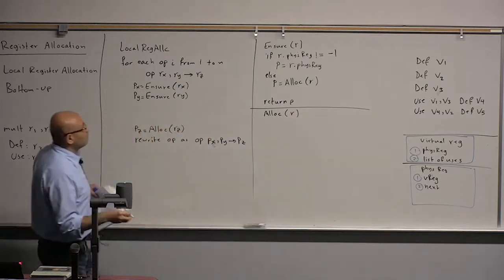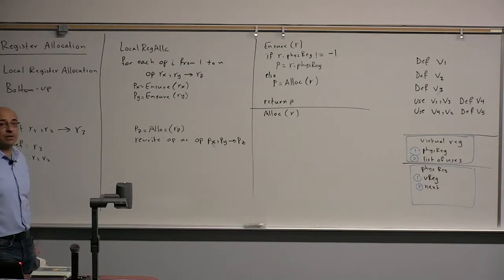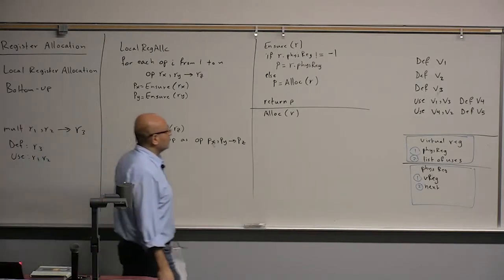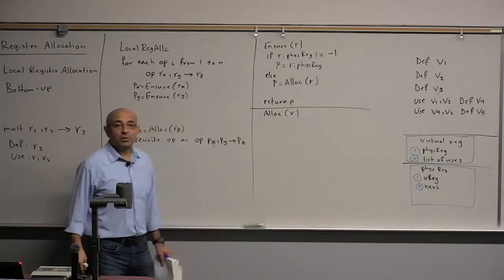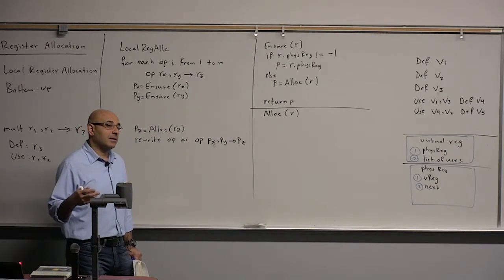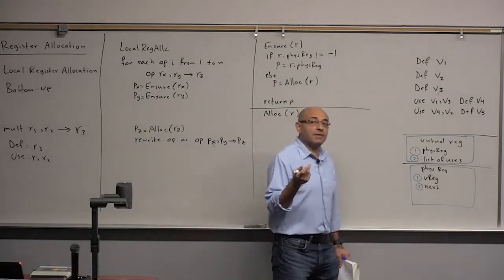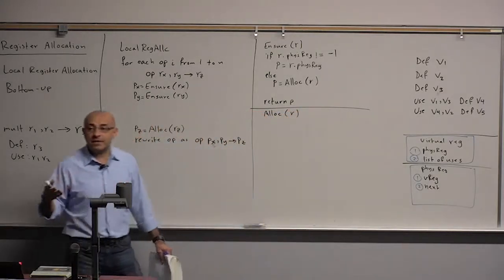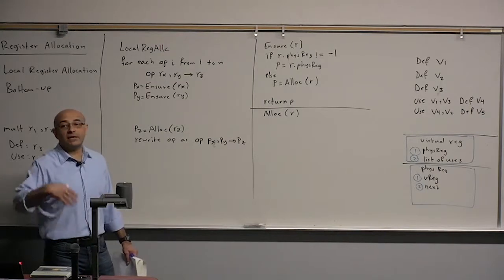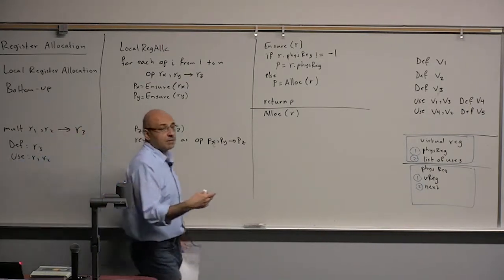So alloc is going to allocate a physical register for a virtual register. So what should it do first? To allocate a physical register for a virtual register, there are 2 steps. First check the free list. If there is one that is free, take it. If not, then try to steal a register from another virtual register.